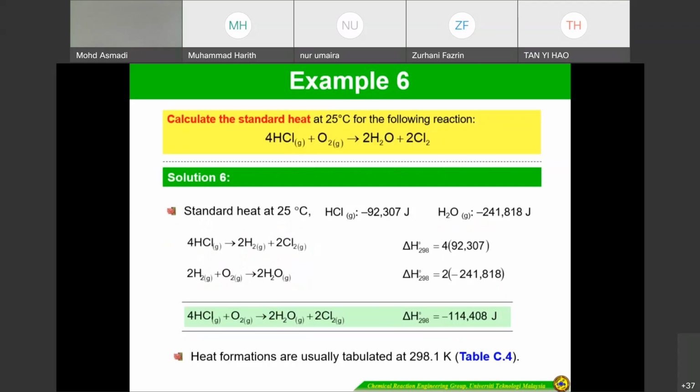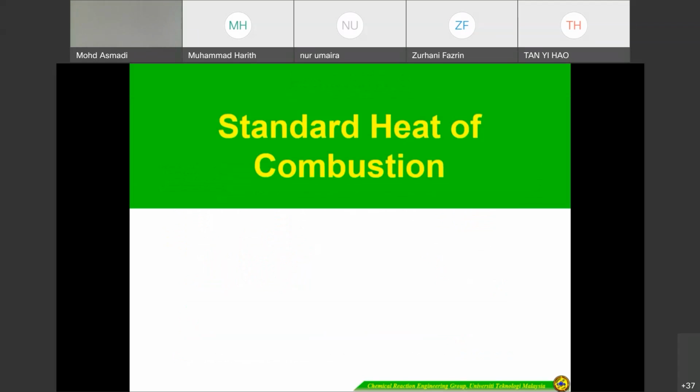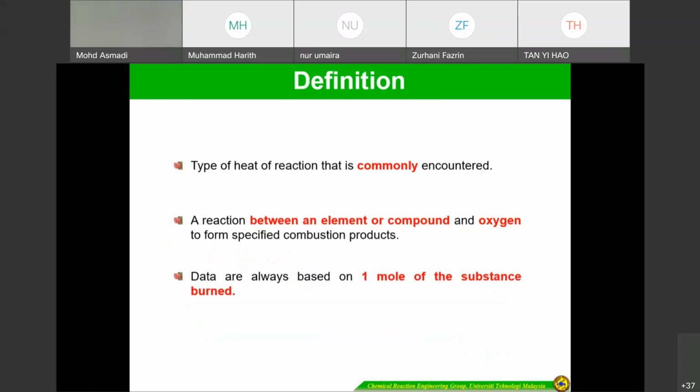Now I already explained the heat of reactions and heat of formation. Now is heat of combustion. Actually, it's similar. Commonly encountered, as I told you, an element or compound reacting with oxygen to form specified combustion products.